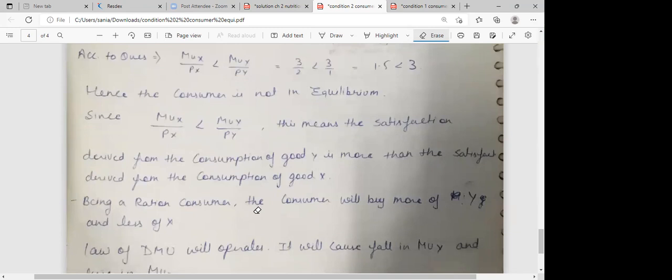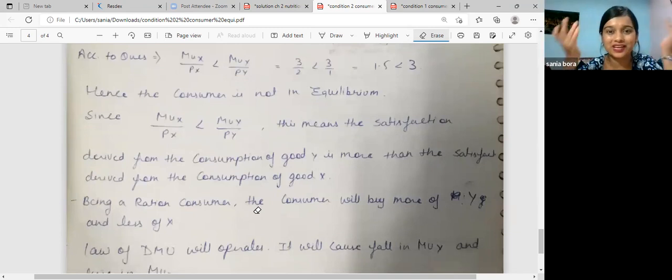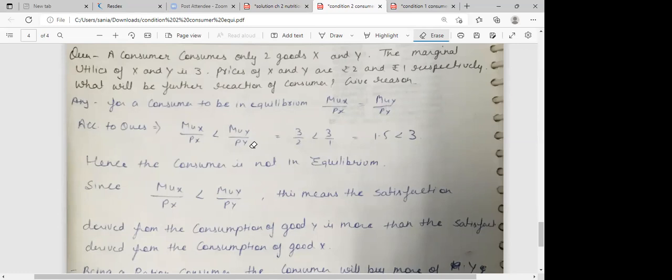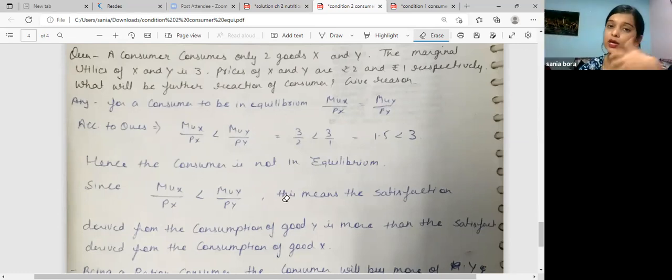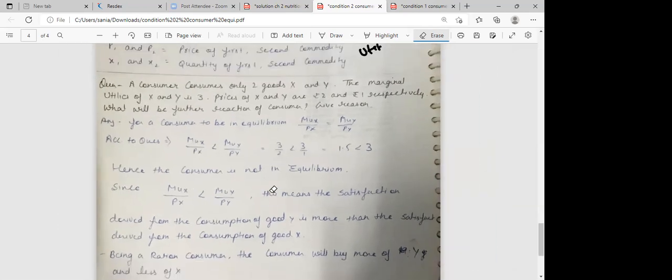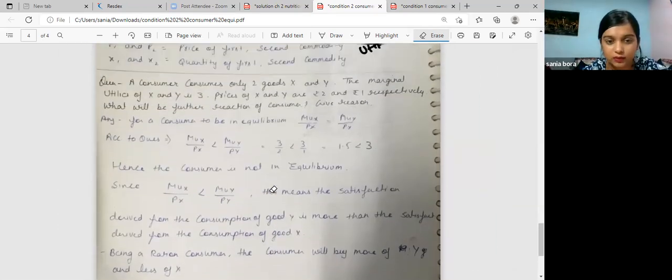You will be helpless, right? Because you don't know which condition you are going to apply over here. So that's why we'll practice a few questions. After that, you will be like a pro at this. You can easily find out the things. So we will do 4 or 5 questions on the basis of this only. So you will get used to it. Okay, so you can write down the first one.